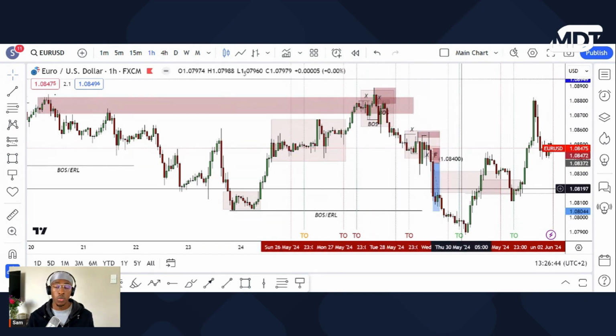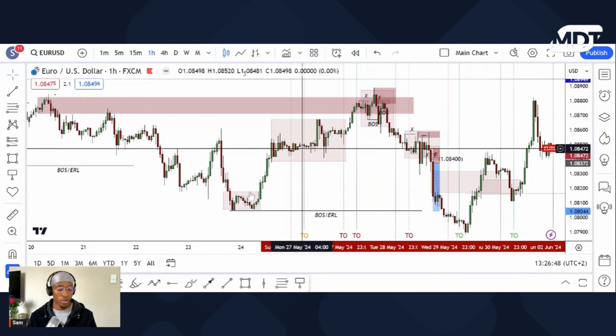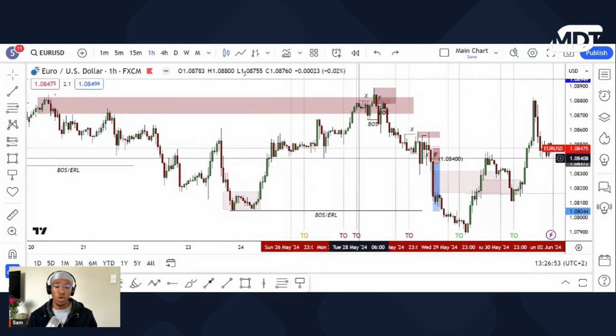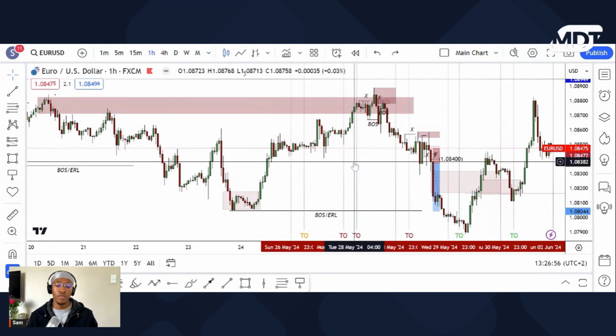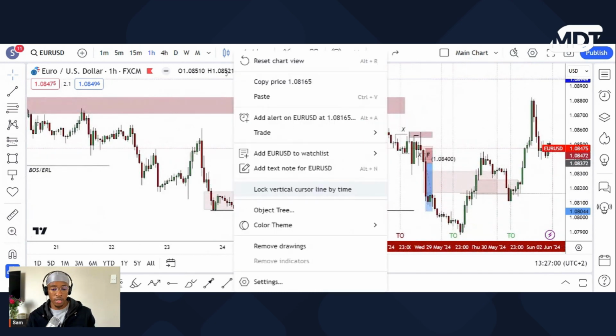So we also now have a 1 hour model. And so now we can look for entry confirmation if we jump down to the lower time frames.